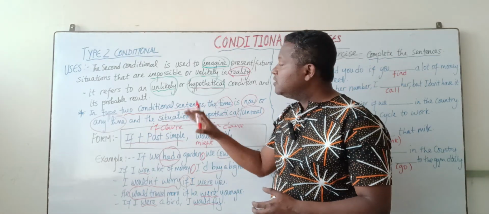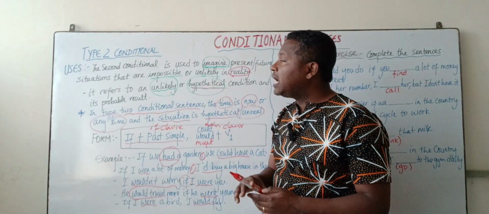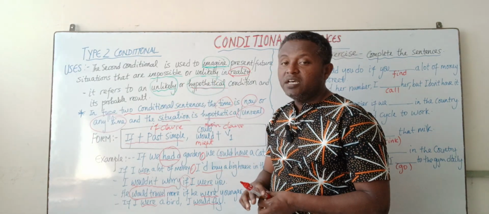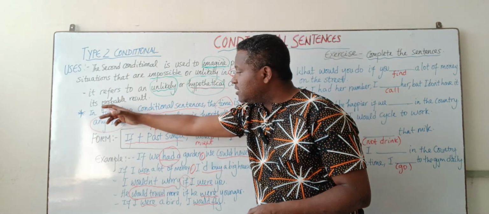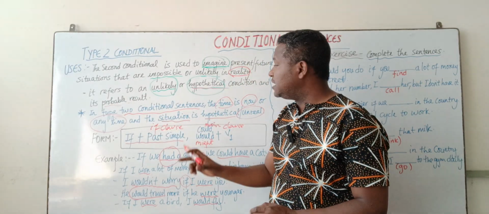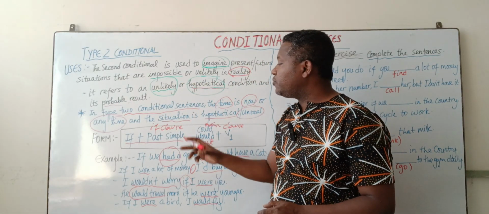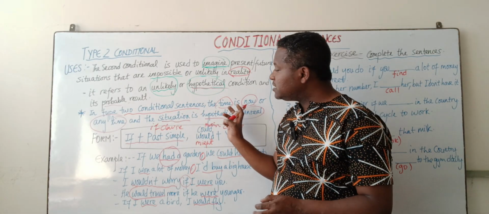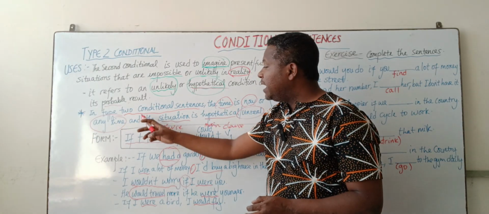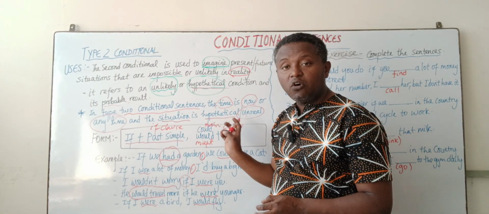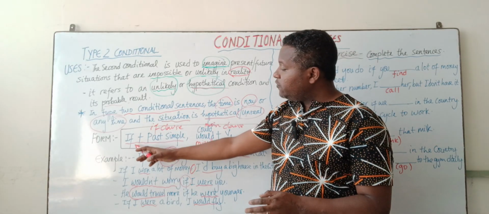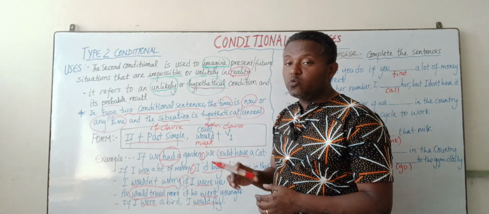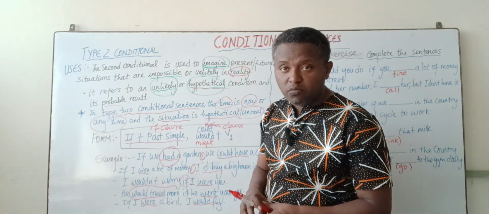It refers to an unlikely or hypothetical condition and its probable result. In type 2 conditional sentences, the time is now or any time, and the situation is hypothetical or unreal. The form: if plus past simple. In the if clause, we use simple past. In the main clause, we use would, could, might plus verb 1.